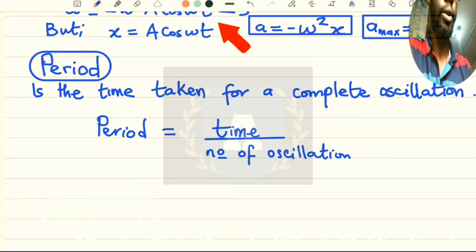The symbol for period is capital T, which is equal to small t divided by n. So that's another term.